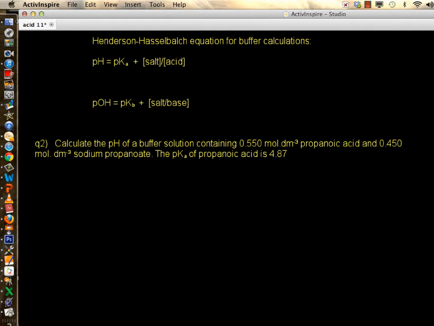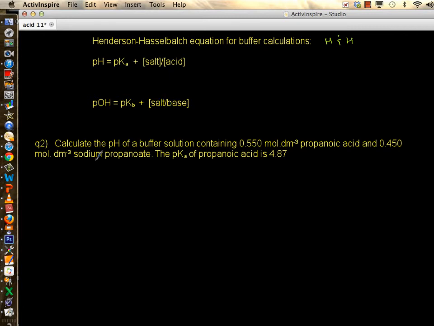This is after two scientists, the Henderson and Hasselbalch equations, and for short I call them H and H. Now if you realize the question is a buffer, you can find its pH just by using this equation: pH equals pKa plus log of concentration of salt over acid for acidic buffers, and for basic buffers it is pOH equals pKb plus log of concentration of salt over concentration of the base.